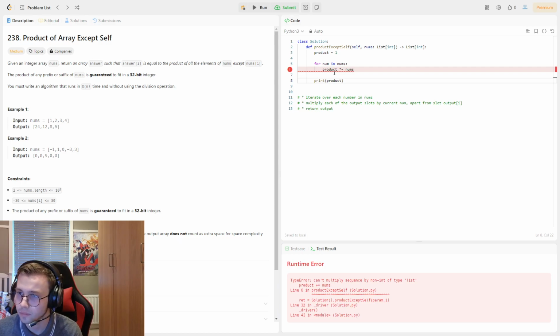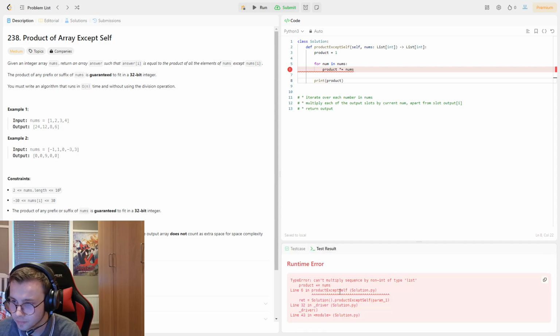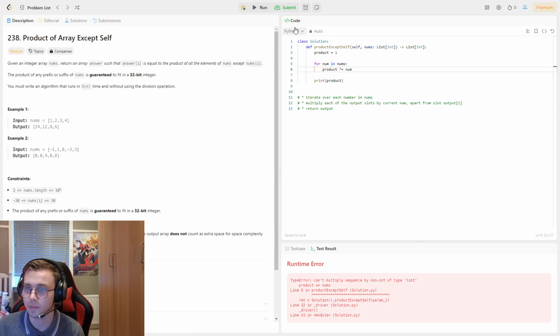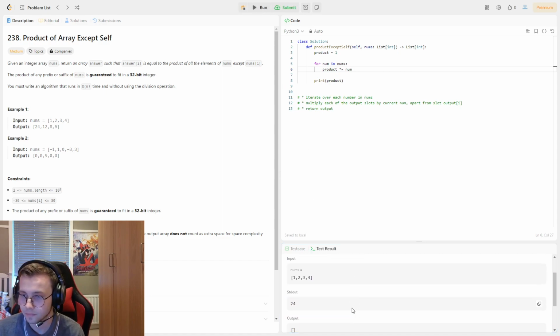Oh, you can't multiply sequence by non-int, what? What was this on about? Oh, num, not nums, sorry. So we get 24 because 1 times 2 times 3 times 4 is 24.